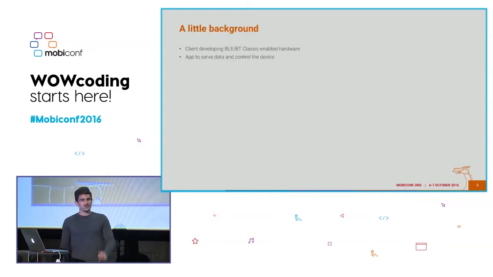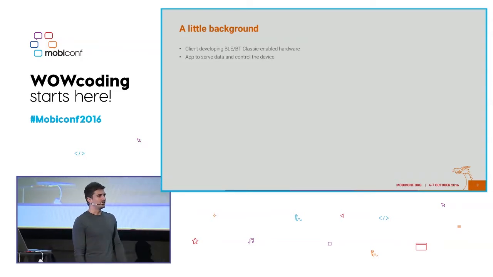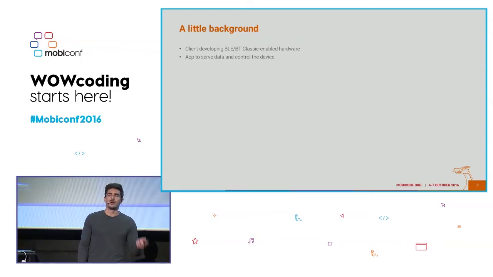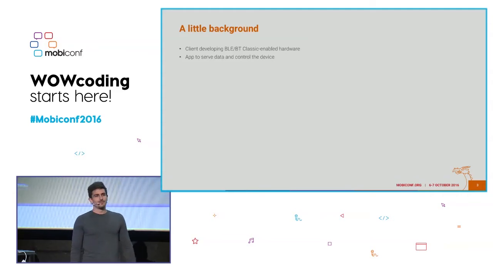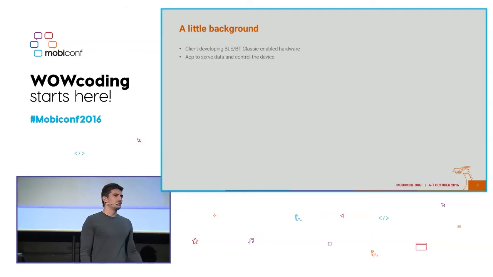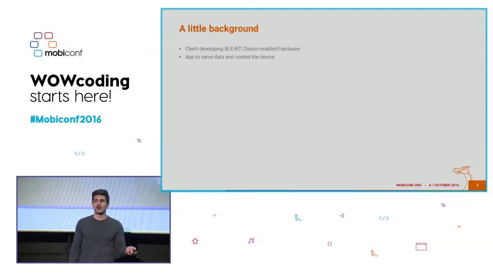So here's a little background on how this came to life. We had this client who wanted to develop a BTLE and classic enabled device. They needed to do things like playing Bluetooth music using A2DP, which is a standard profile.